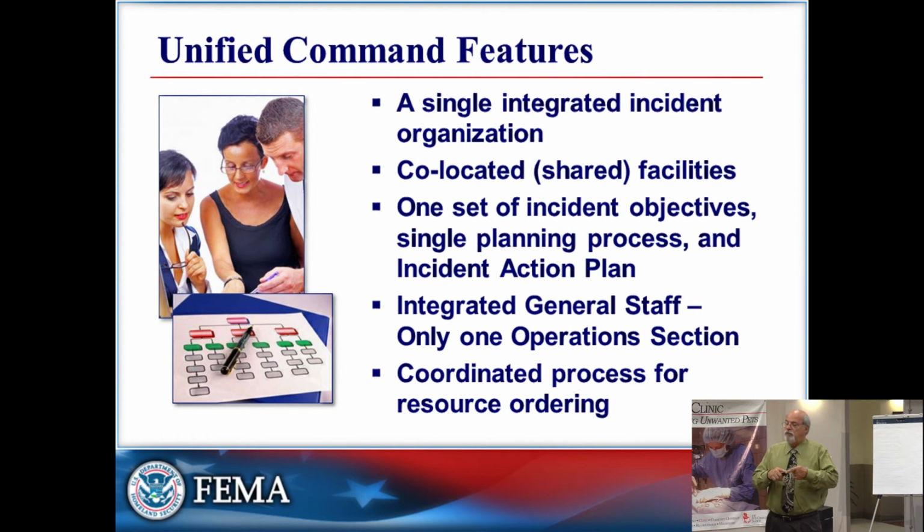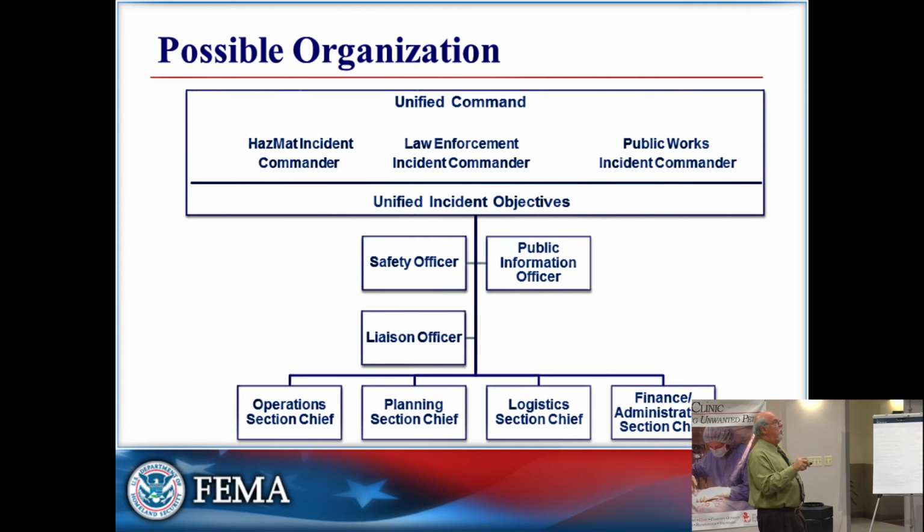We may be doing something called multi-point ordering as opposed to single resource ordering. I think we used an example earlier today about going to one location for ordering resources. But this is what that can wind up looking like as far as the structure of what this can be. Unified command, maybe it's a hazmat commander, maybe it's a law enforcement incident commander, might be public works.